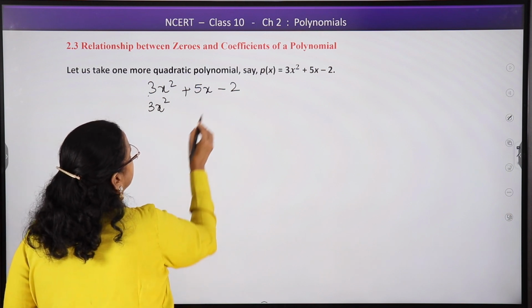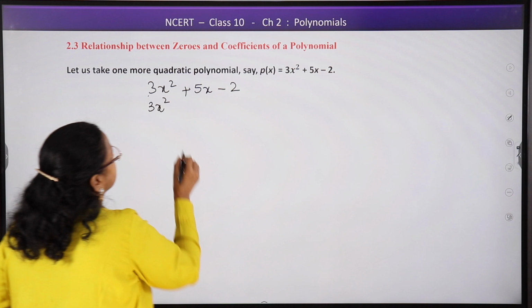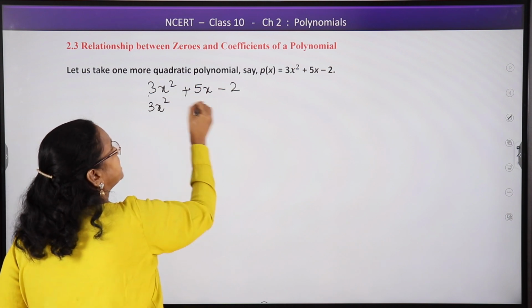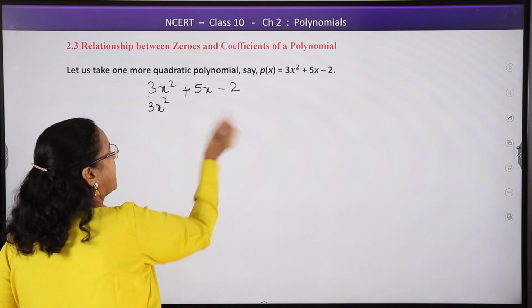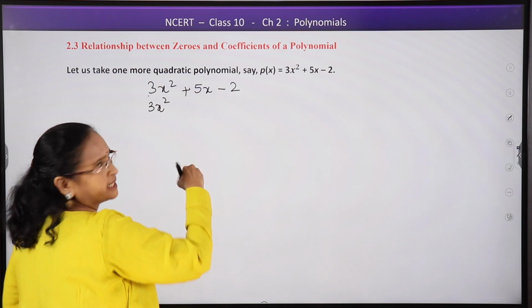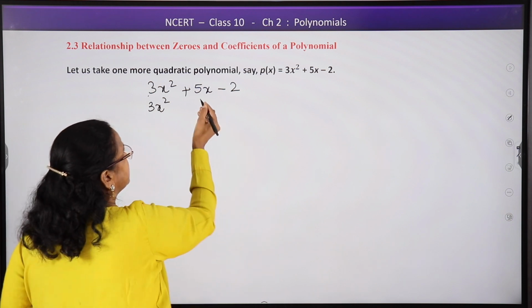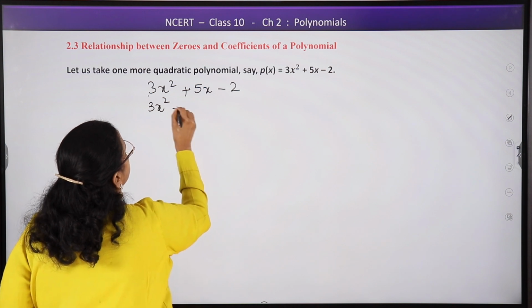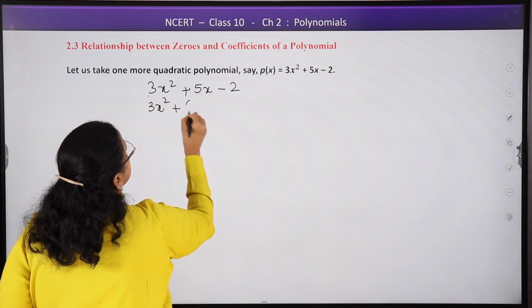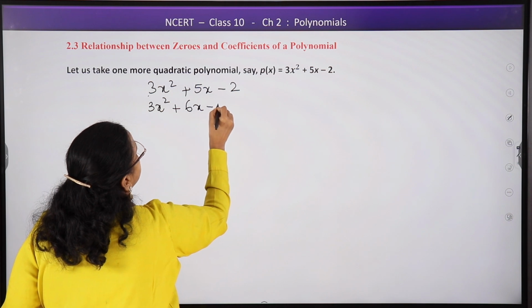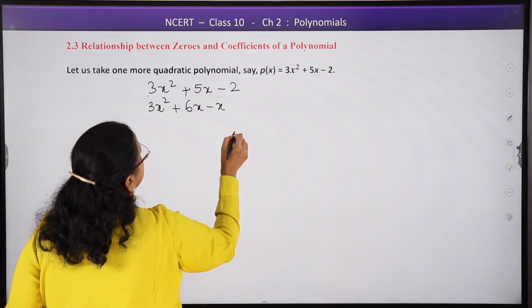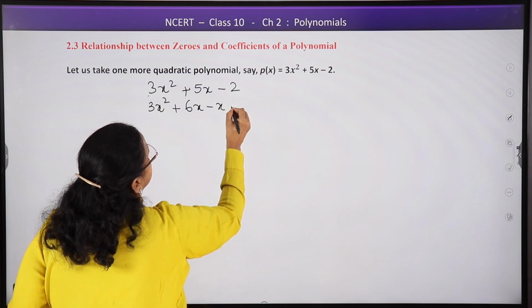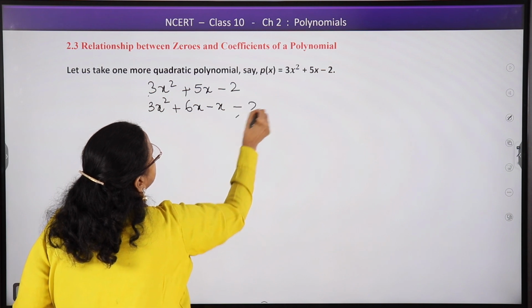Now we have here 6, and the middle number is 5. 6 and 1. Minus 1 plus 6 makes 5, isn't it? Alright. Now, plus 6x minus x minus 2.